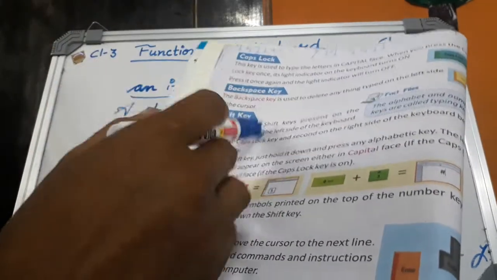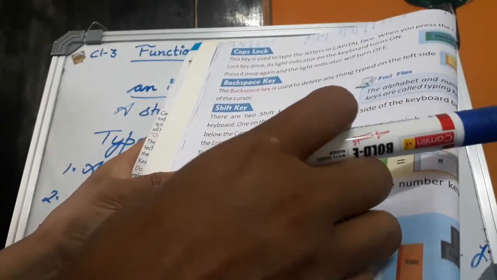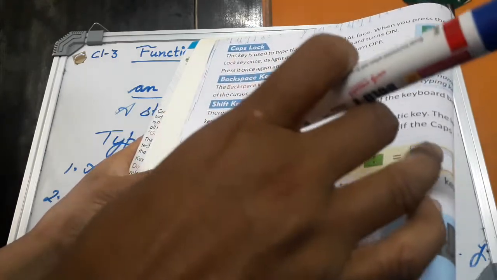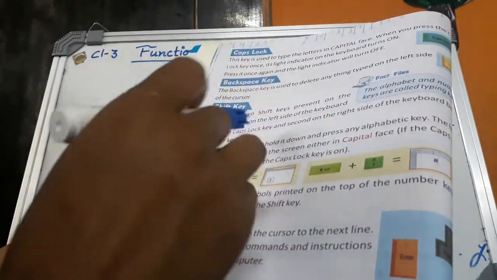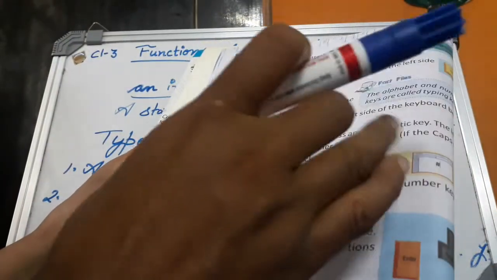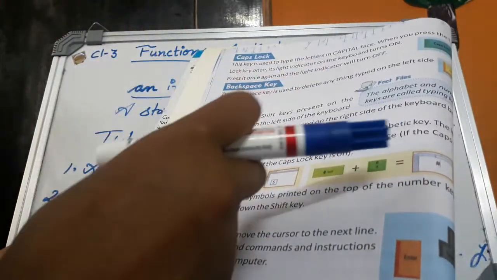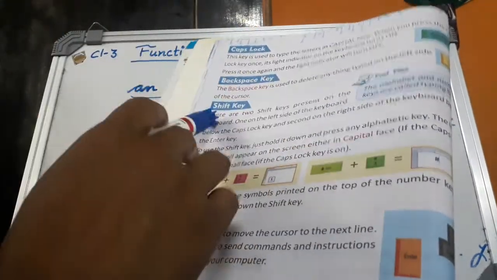With the help of this shift key, when we press the shift key and any alphabetic key, we can type our letters in capital or small case, whether the caps lock key is on or off. Okay, it doesn't matter, we can use capital or small letters with the help of this shift key.